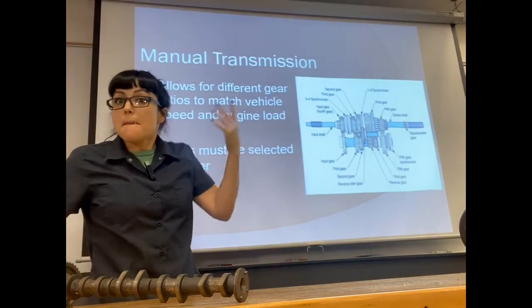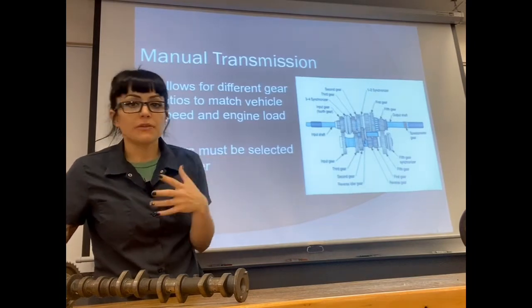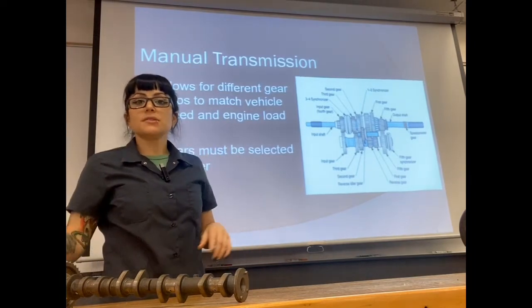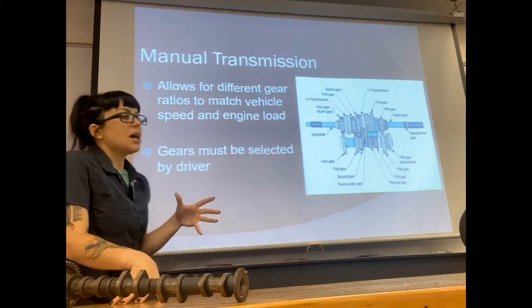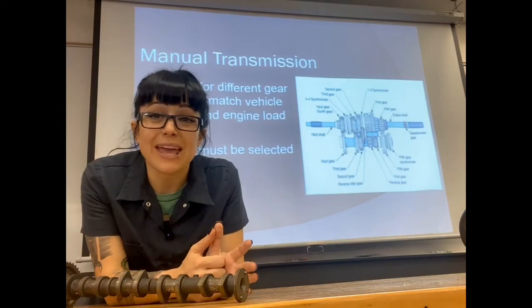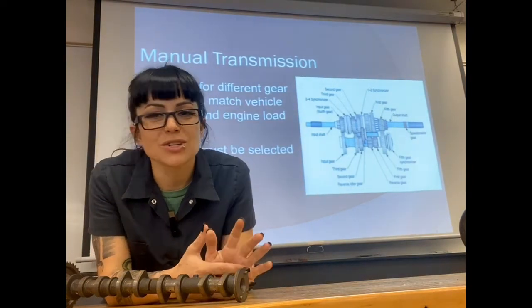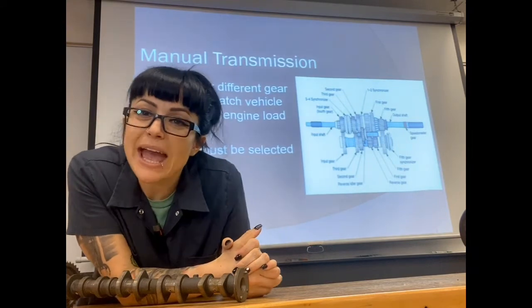everything is manual, right? So when you select a gear, 1, 2, 3, 4, 5, you are manually selecting which gear you want. I'm not going to get too into it right now, but why do we even have to have a transmission full of a bunch of gears? Why do we need this? Why do we have to have a middleman?